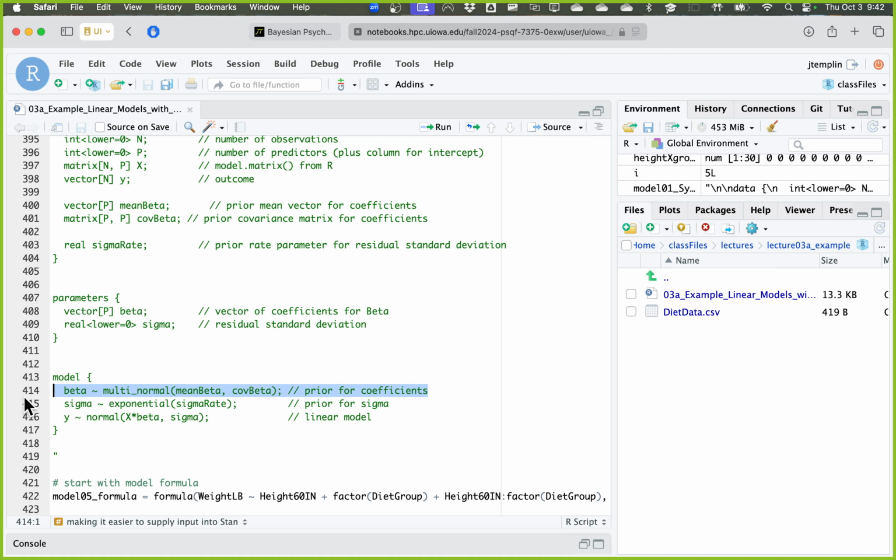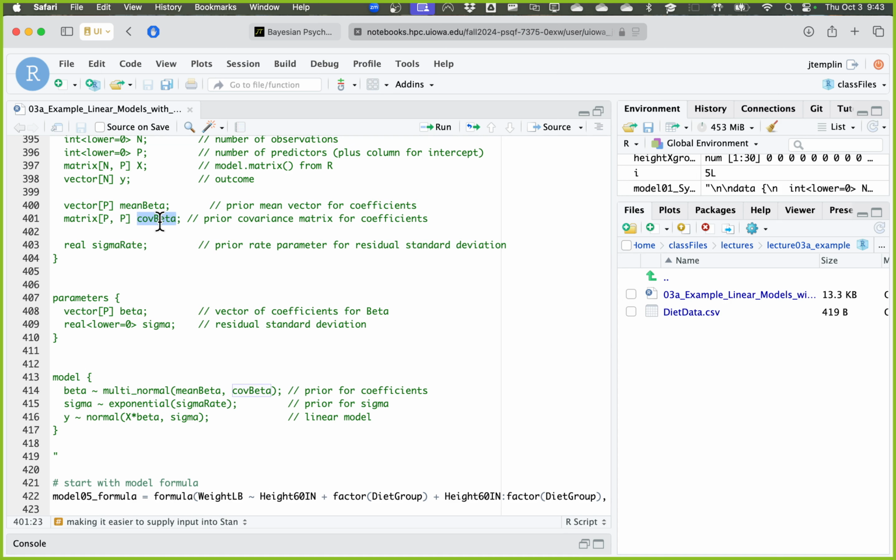The only difference now is that this mean beta is a vector that we import into Stan to say where each value's prior mean should be. And cov beta is a matrix that we'll import into Stan, of size coefficients by coefficients, P by P.